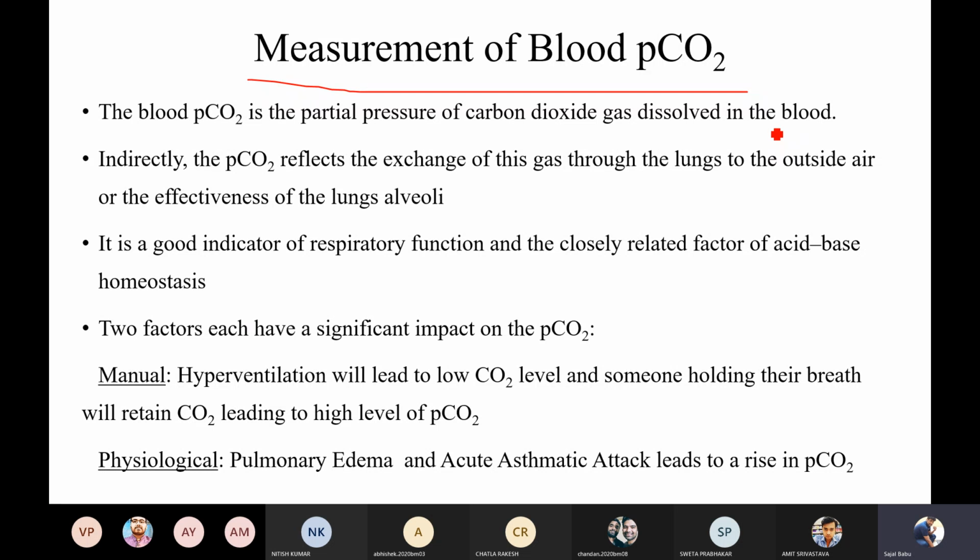If the carbon dioxide in the blood has a change, that means the PCO2 has some change. That means your lungs are not effectively taking the carbon dioxide out to the environment, or your alveoli are not effectively taking the CO2 from the blood. So this will represent the respiratory function and the acid base homeostasis.